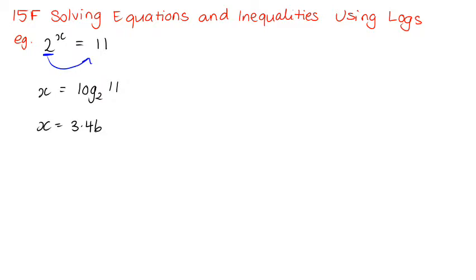Now, there is a different way to do that, and that's by taking log base 10 of both sides. So if we start again with the same question, what we can do is take log base 10 on both sides. So this side obviously becomes log base 10 of 11. And this side, when you take log base 10, the x comes down in front. So x log base 10 of 2.